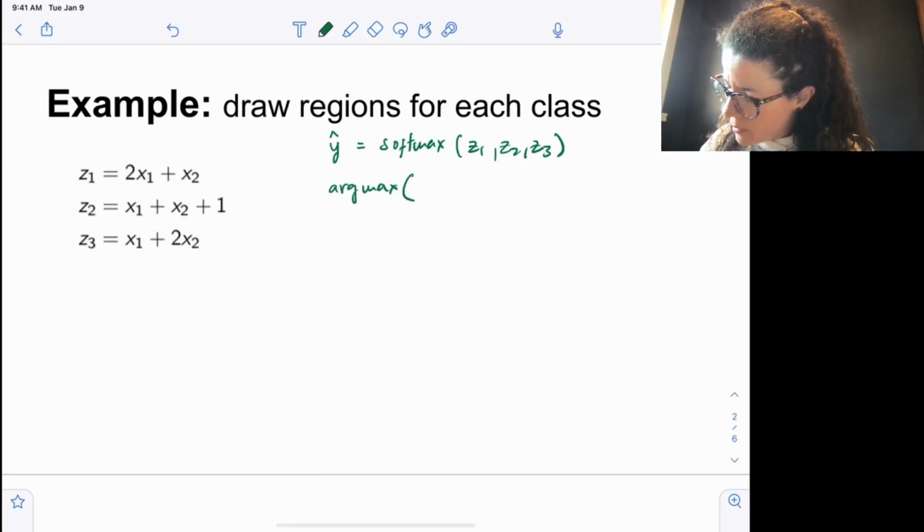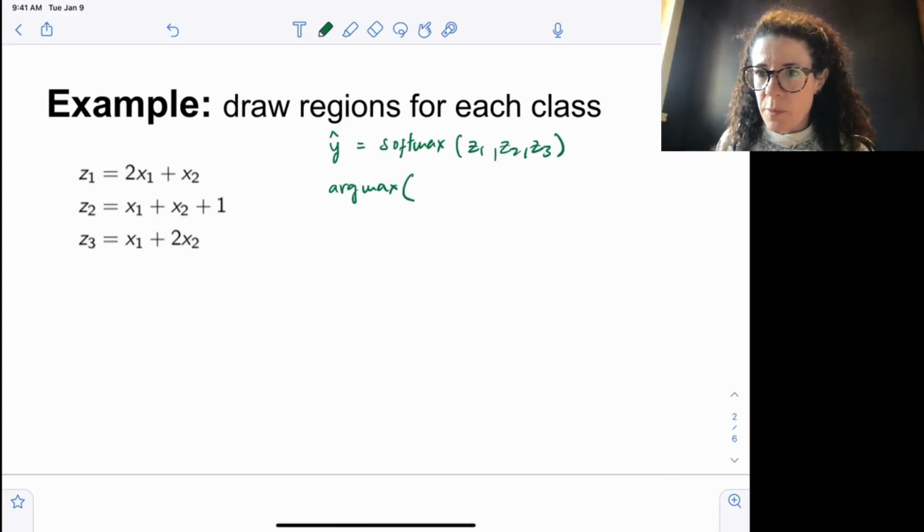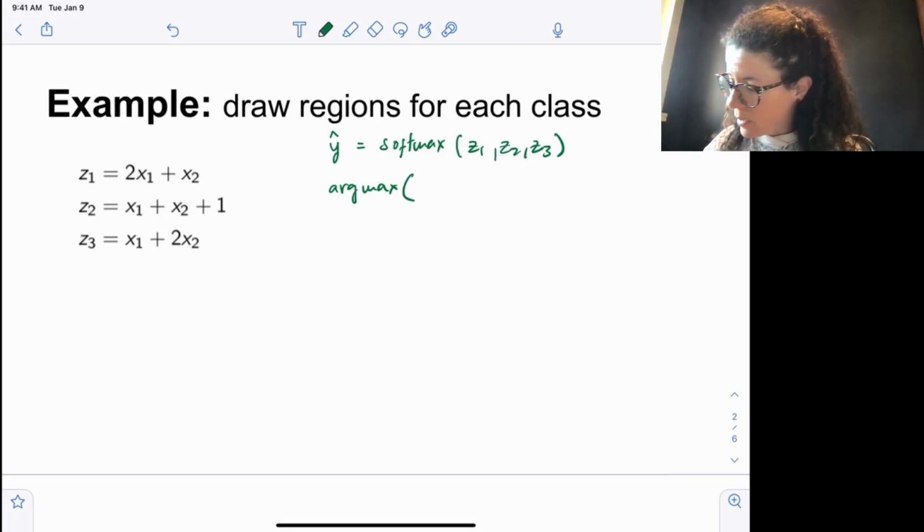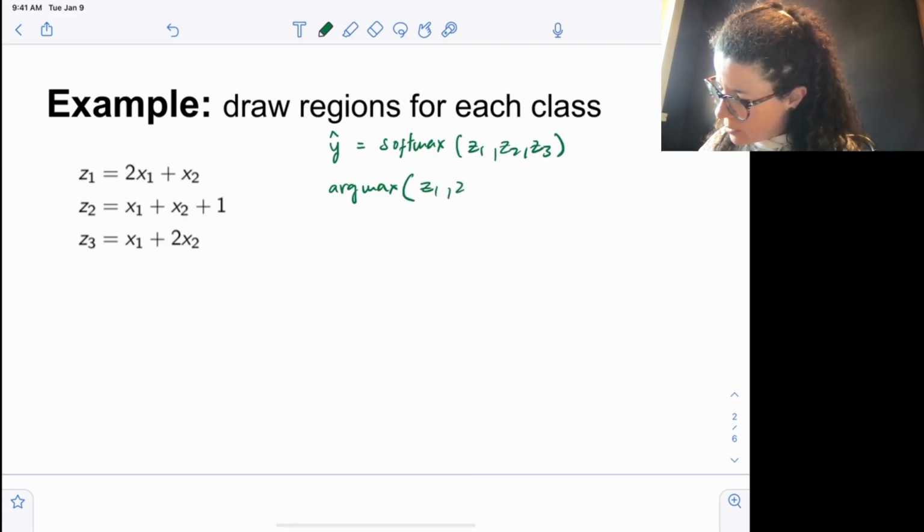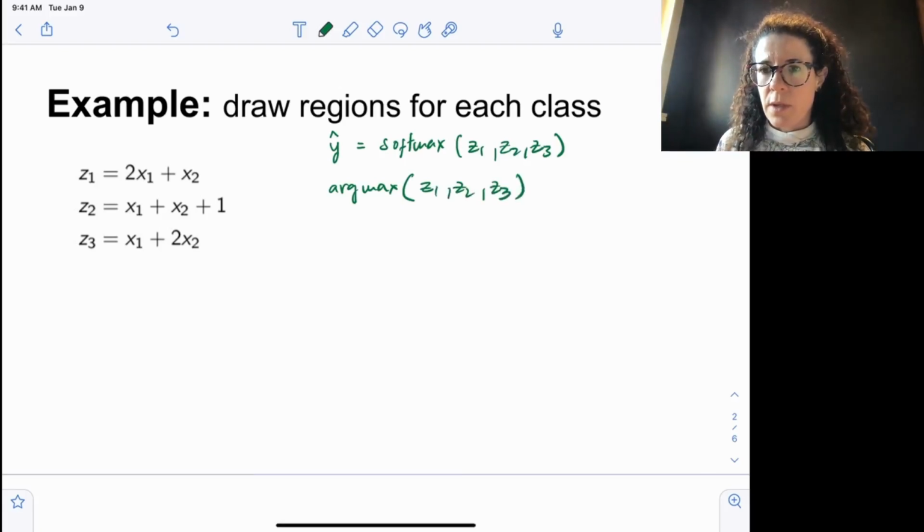We're going to find the maximum between z1, z2, z3, and we're going to call that the class. So argmax of z1, z2, z3 would be our hard prediction. I want to figure out what this looks like for this particular example.